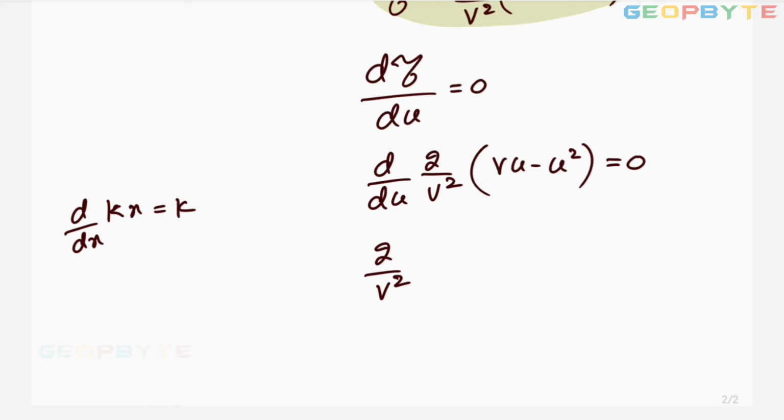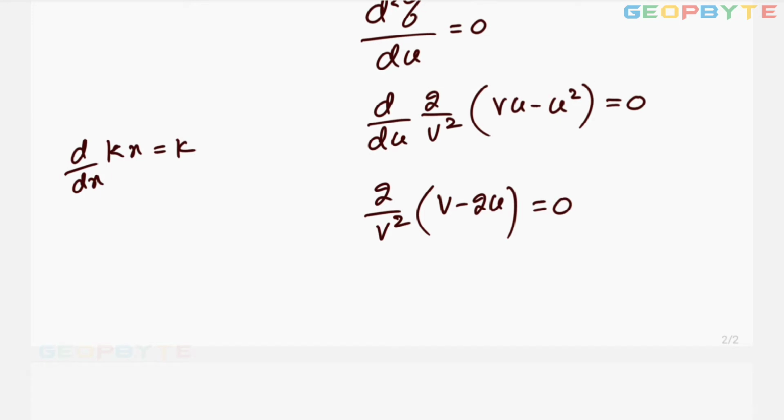So here V is treated as constant. V minus 2u, it must be equal to 0.